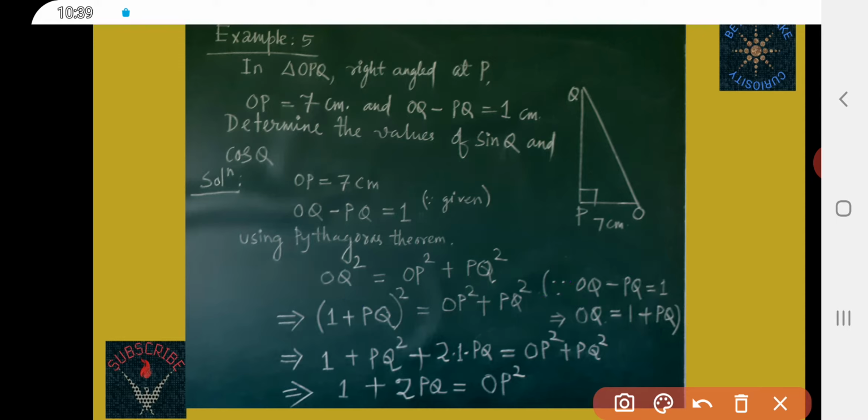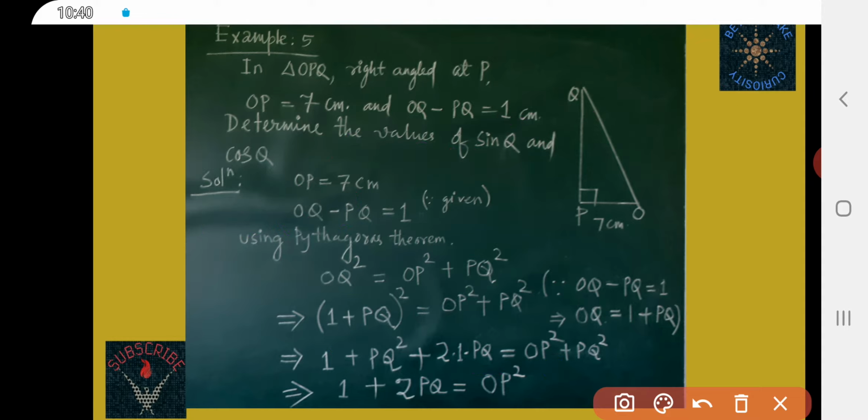So 1 plus PQ whole square is equal to OP square plus PQ square, right side remains same. Then you know A plus B whole square is equal to A square plus B square plus 2AB. So here A is 1, B is equal to PQ. So 1 square 1, PQ square plus 2AB, 2 into 1 into PQ. Okay. And right side remains same.